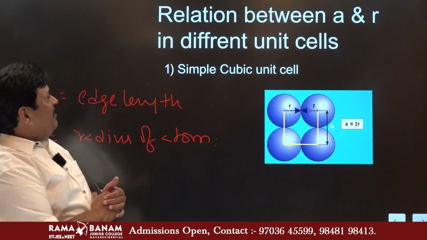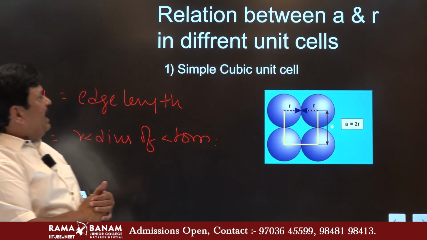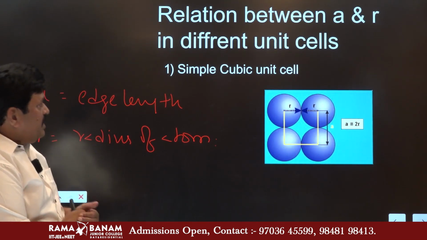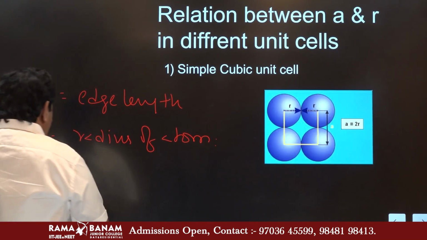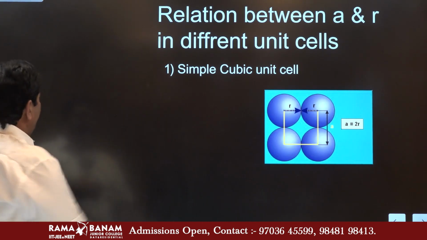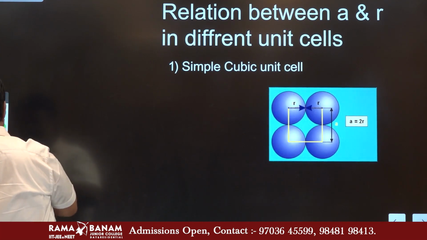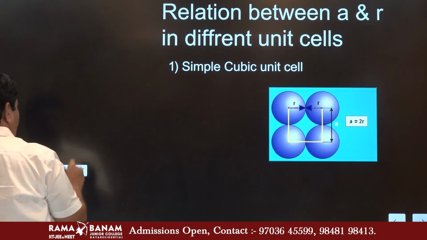What is the relation between a and r in different unit cells? First, coming to the simple cubic unit cell. See the diagram I showed. Let this be the face of the cube.